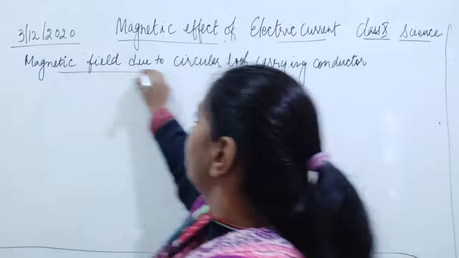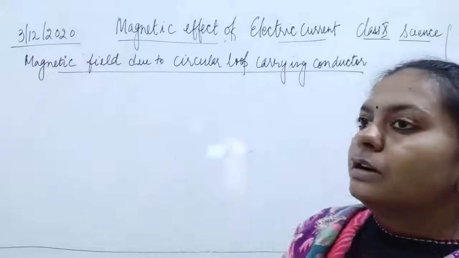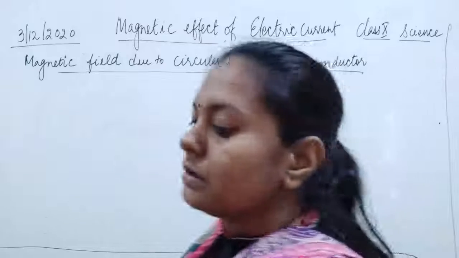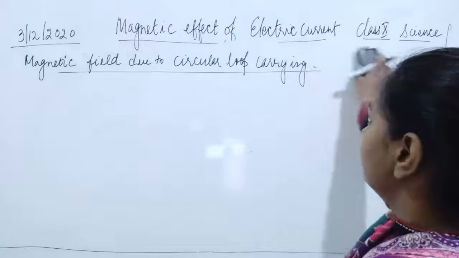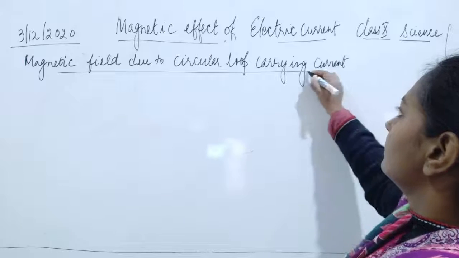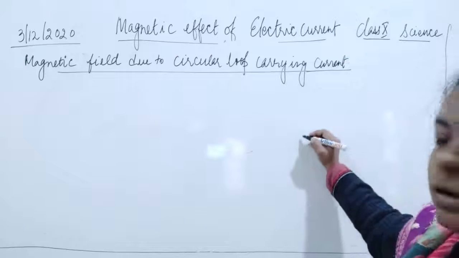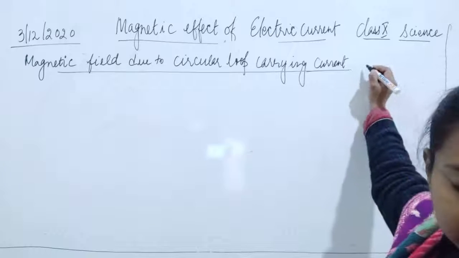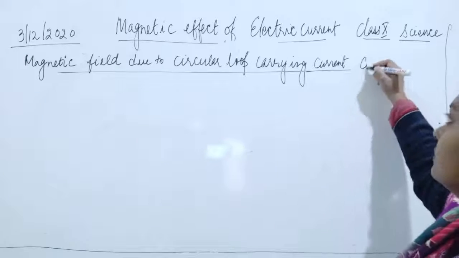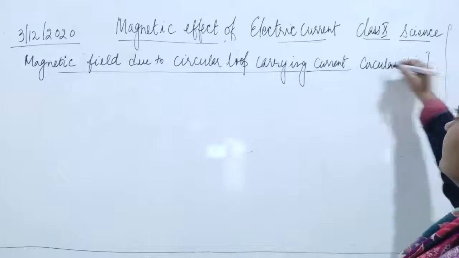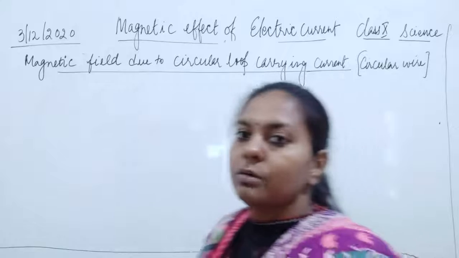Magnetic field due to a circular loop carrying current. This circular loop could be the current carrying conductor in the circular form, or a circular wire.